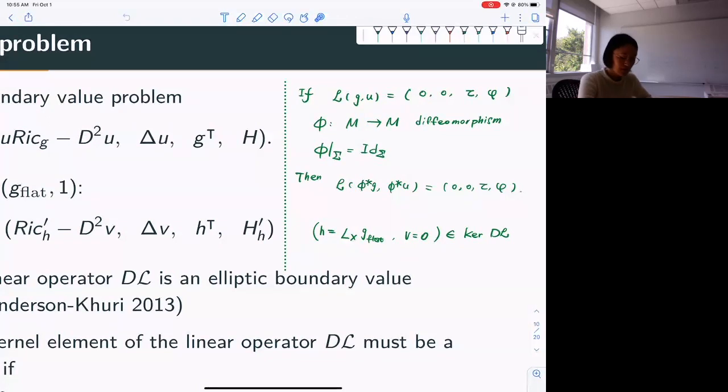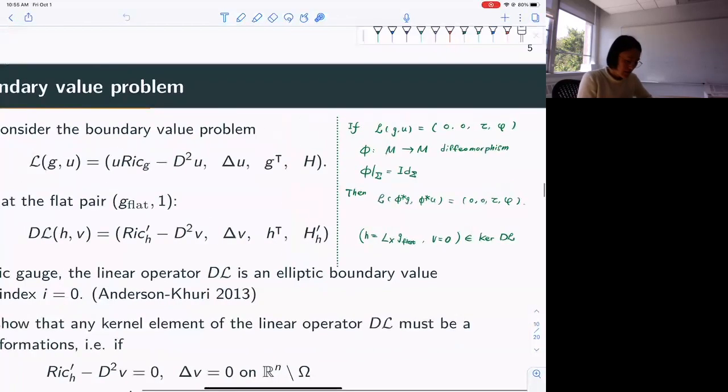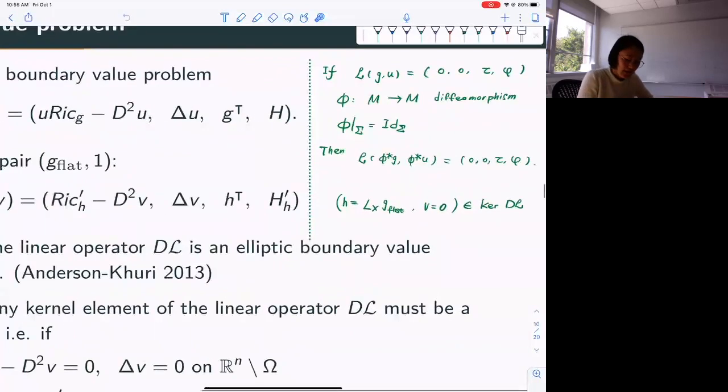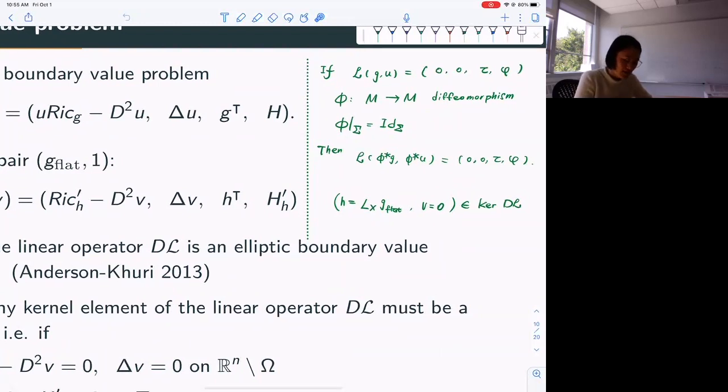This tells us that in the linearization sense, the linear operator has a large class of kernel elements. All those kernel elements look like this: h is the Lie derivative of the flat metric with respect to some vector field X, where X vanishes on the boundary and v equals 0. For arbitrary X, this is always a kernel element of the linearized operator.